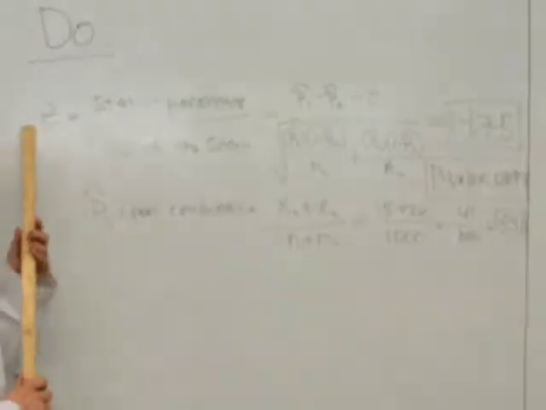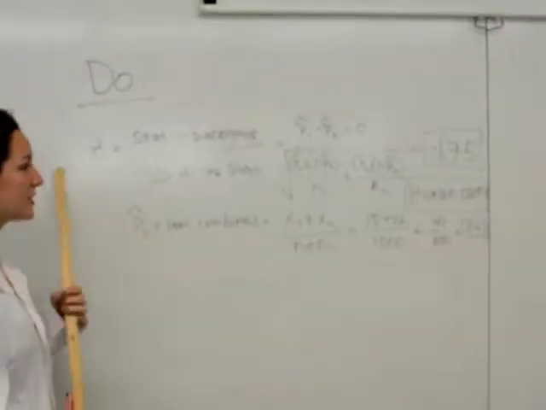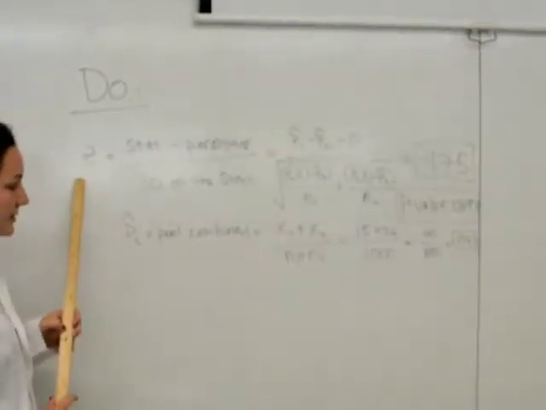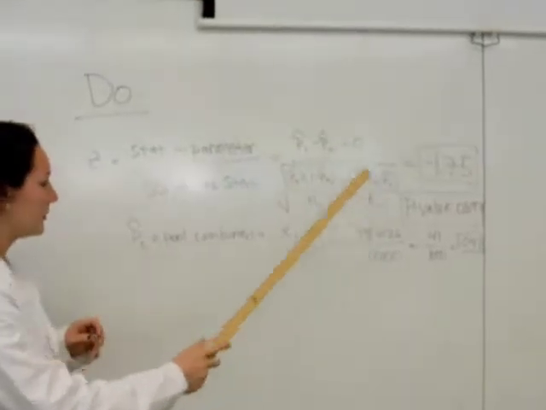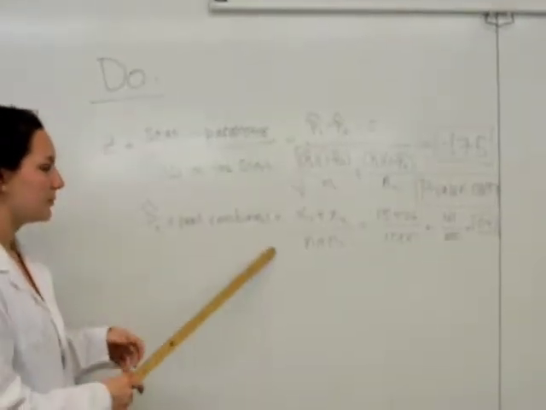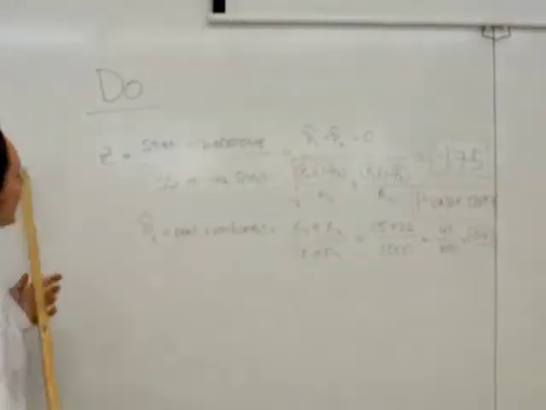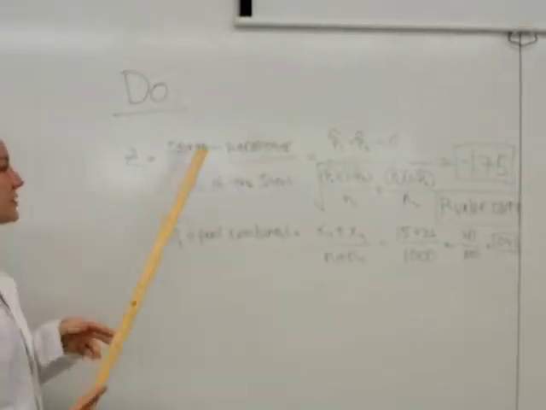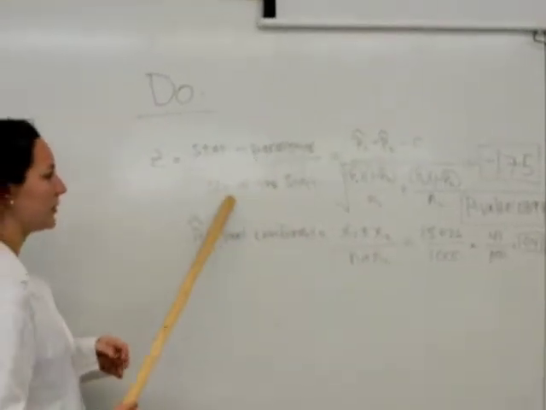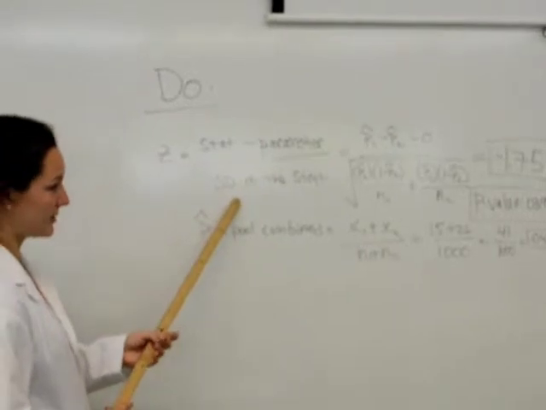For the do portion of our two proportion z-test, we have to find a z-score, a p-value, and in this case, a pooled combined p-hat value. For our z-score, you have to do stat minus the parameter over the standard deviation of the stat.